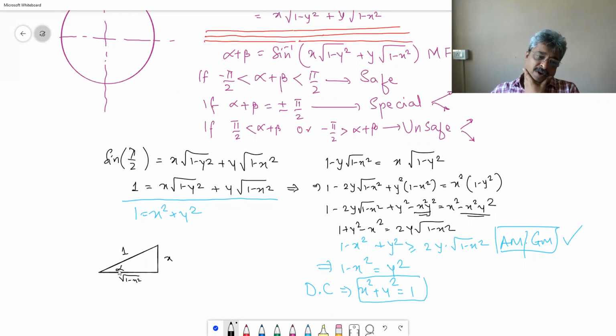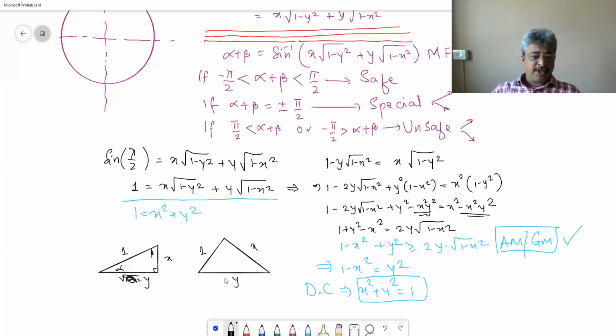Okay, so if x square plus y square is equal to 1, then alpha plus beta is pi by 2. So now if it is a right angle triangle, they will be equal to 1. If it is acute angle triangle, suppose this is 1, this is x, and this is y.